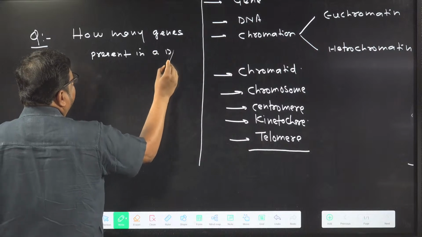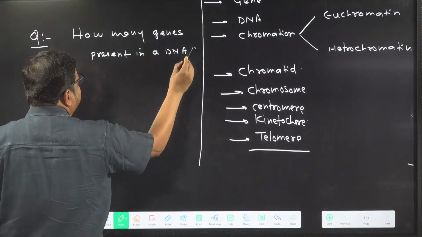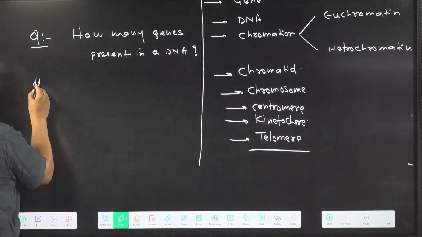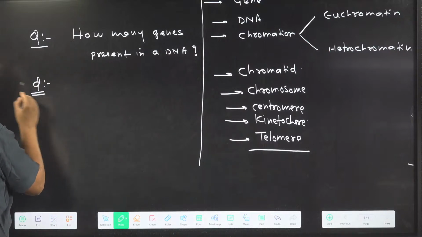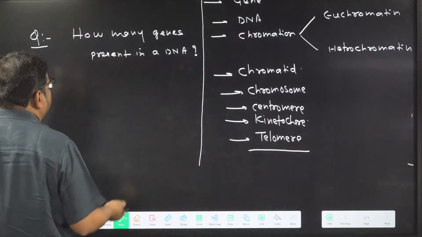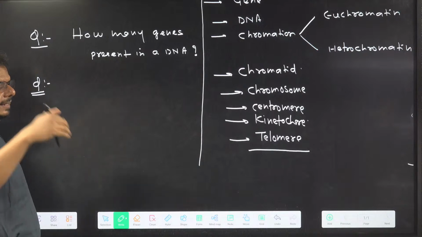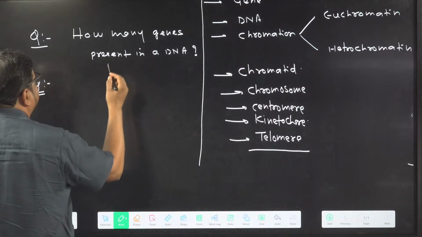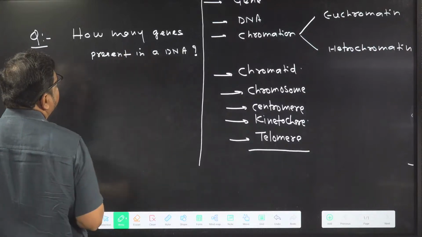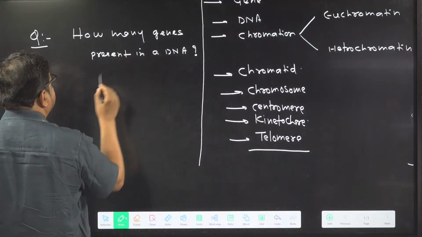Who voted for no, especially I am requesting you, please try to give these answers. So I also get help if from your side it is all well. Let me write all the questions first and then we will see the vote. So definitely I can find how many of you are answering correctly. So first question, how many genes are present in a DNA?